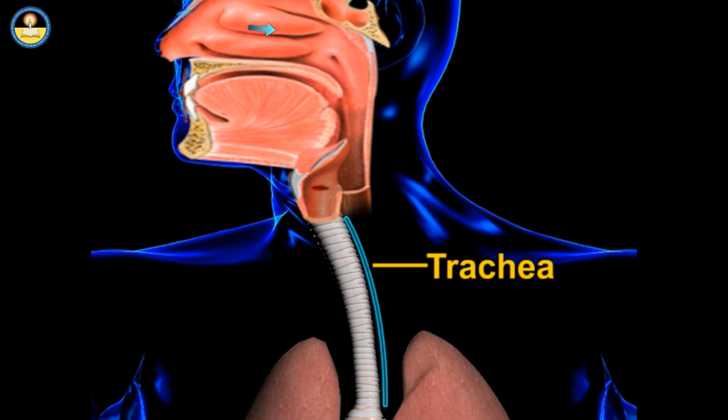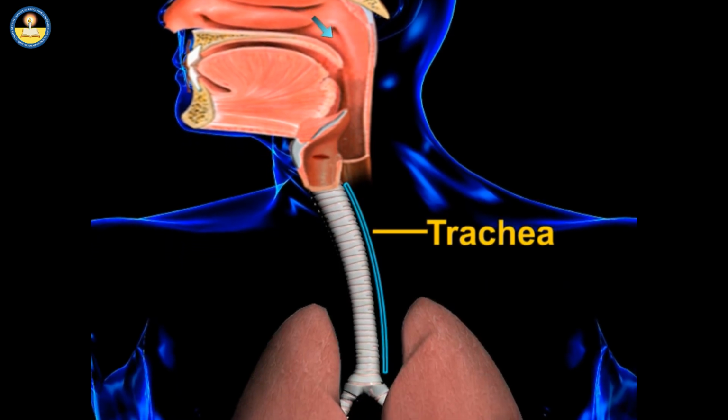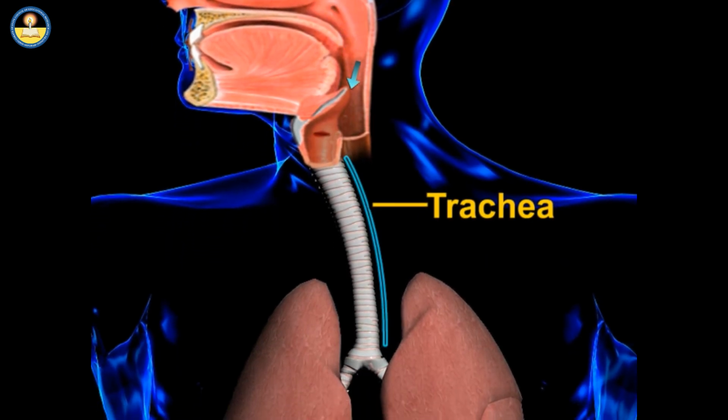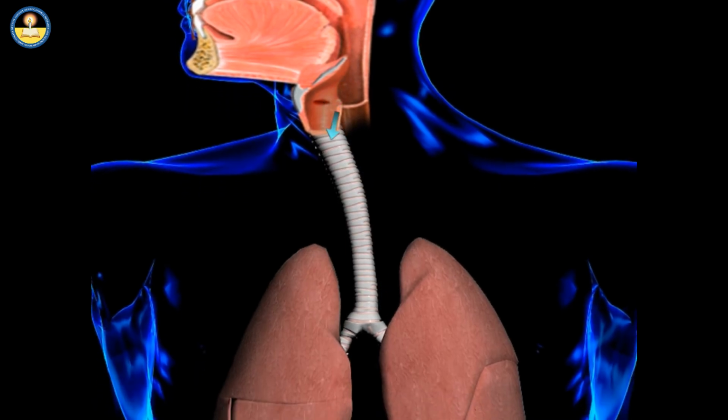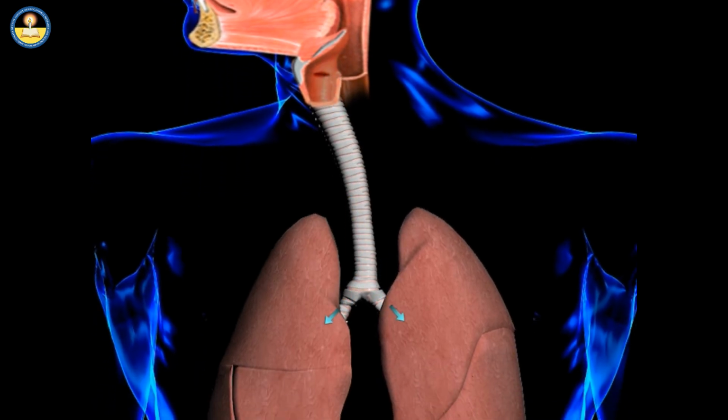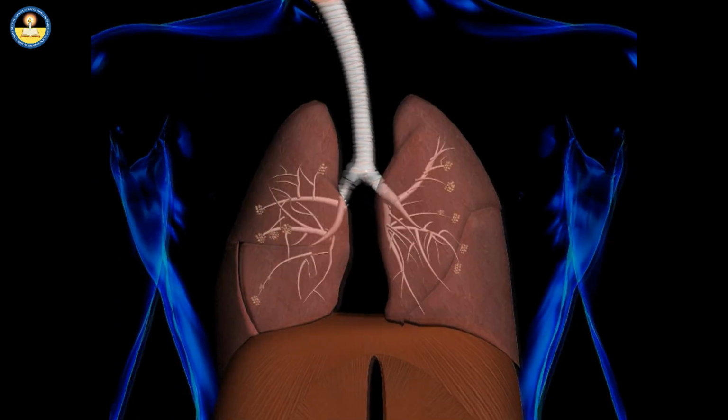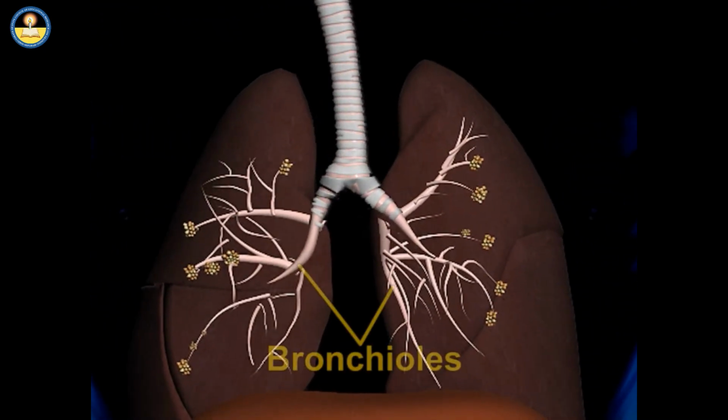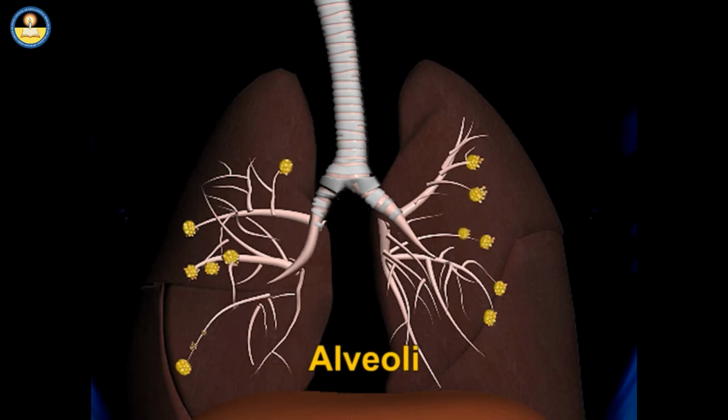From here, the air enters the trachea, which is also known as the windpipe. After passing through bronchi and bronchioles, the air reaches the alveoli. At the alveoli, the second part of respiration, the exchange of gases, takes place.